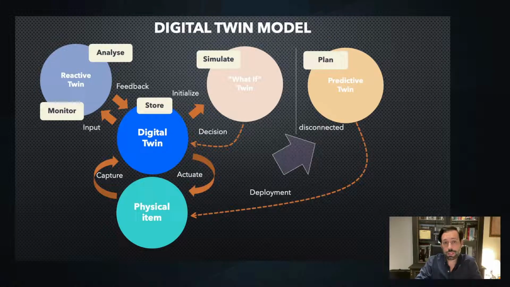And additionally, of course, by doing some deployment, you could completely disconnect the physical element from the digital twin and prepare a predictive twin. So what is this? Let's say you could measure something from the physical space and then design something different in the digital space. For example, you can measure a car in the physical space.